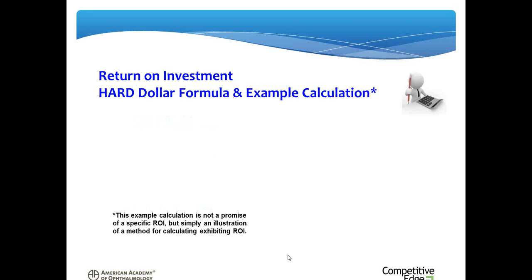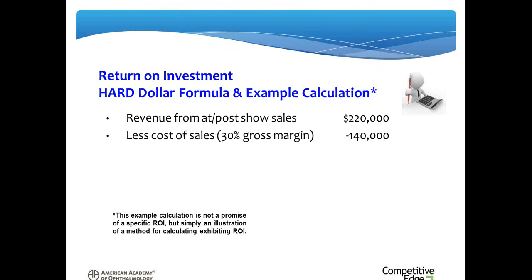So let me give you the 2 examples. Here we go, hard dollar. Now, it's 6 months after the show. I can trace $220,000 in orders back to the people that we interacted with at and after the show. Now, if I'm going to go for gross margin ROI, because let's say my CFO wants to see that, then I have to back out my cost of sales.